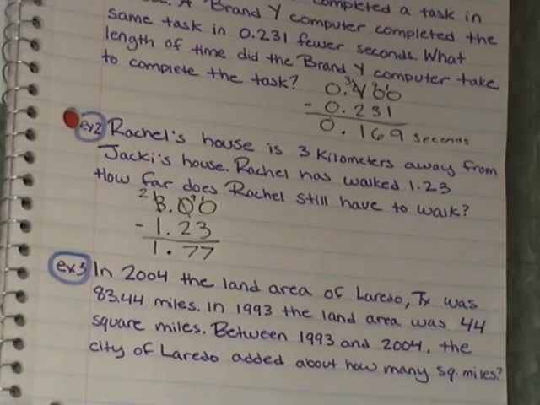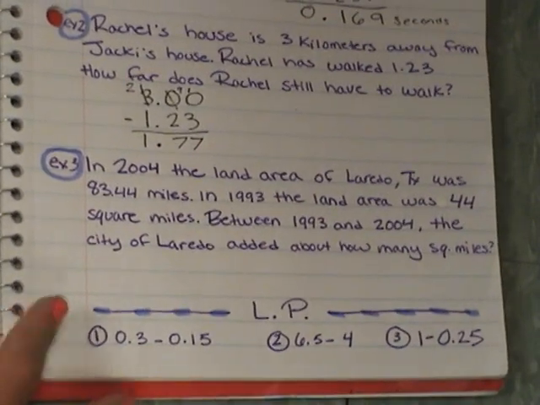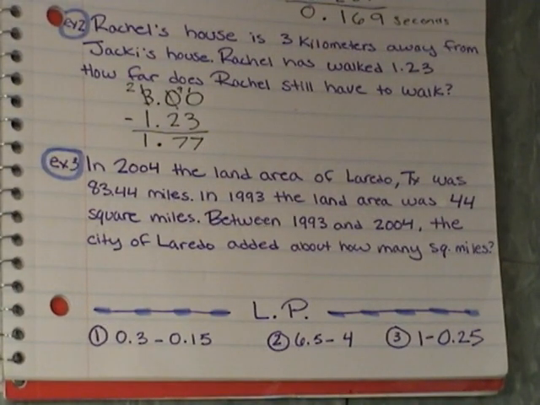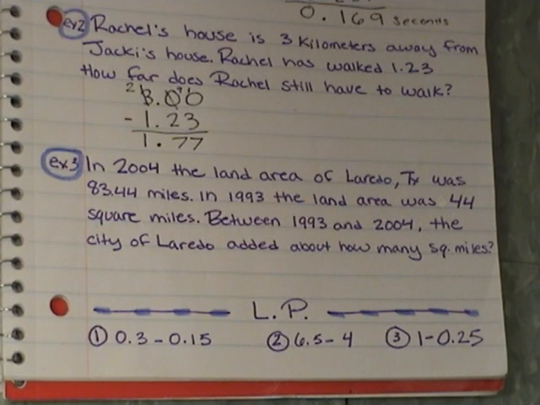Alright, and the last problem. In 2004, the land around Loretto, Texas was 83 and 44 hundredths square miles. In 1993, the land area was 44 square miles. Between 1993 and 2004, the city of Loretto added about how many square miles?